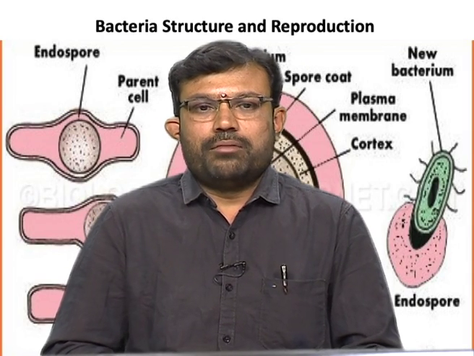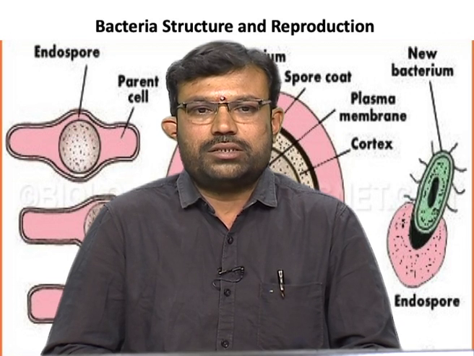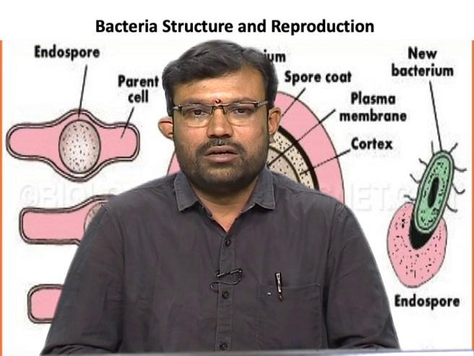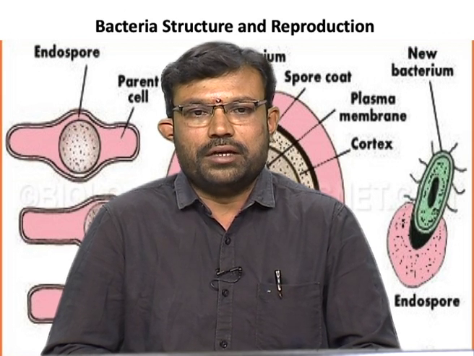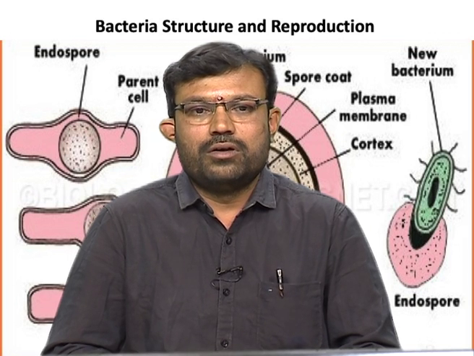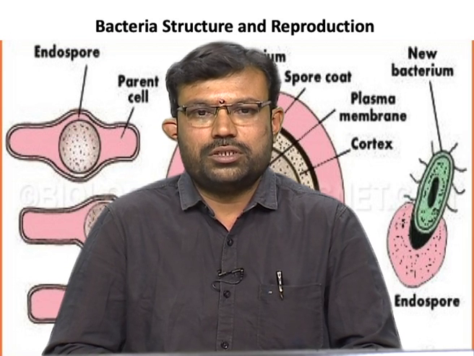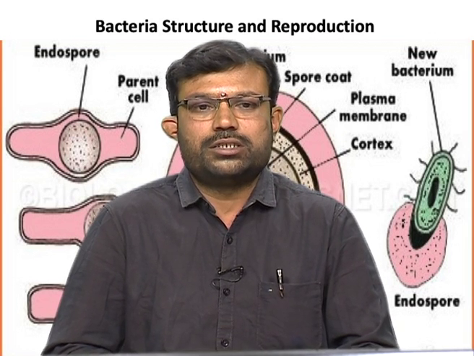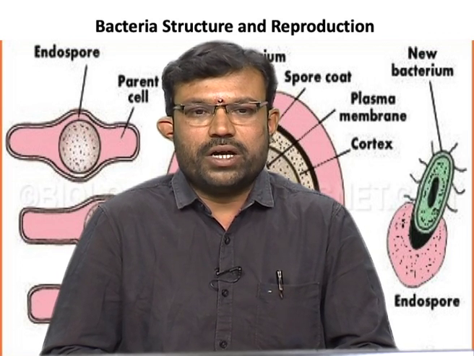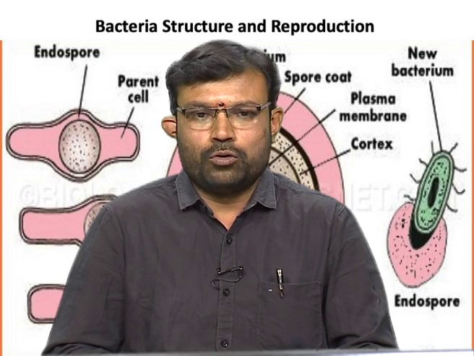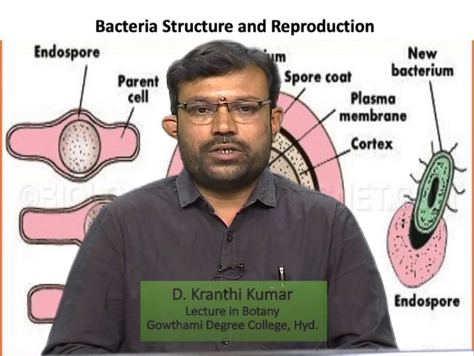Now, the next one, bacilli. Bacilli is the plural word; bacillus is the singular. Rod shaped bacteria are called bacilli. Based on the number of cells, bacillus bacteria are classified into monobacillus, diplobacillus and streptobacillus.